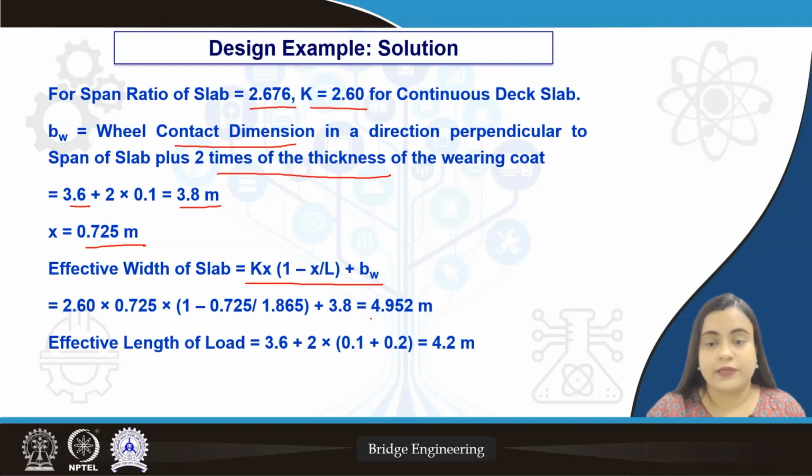And that value turns out to be 4.952 meter. Now, effective length of the load can be obtained using the effective width method using the expression x plus 2 times d plus h, where x equals 3.6 meter, d equals wearing coat thickness 0.1 meter and h is slab thickness that is 0.2 meter. So that is equal to 4.2 meter.